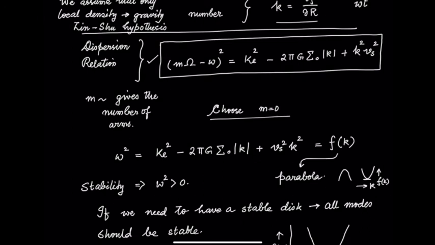And between these two radiuses, you will see the spiral arms. Inside you will not see, outside you will not see. So that comes out from the analysis of the dispersion relation, which unfortunately we don't have time to go through.